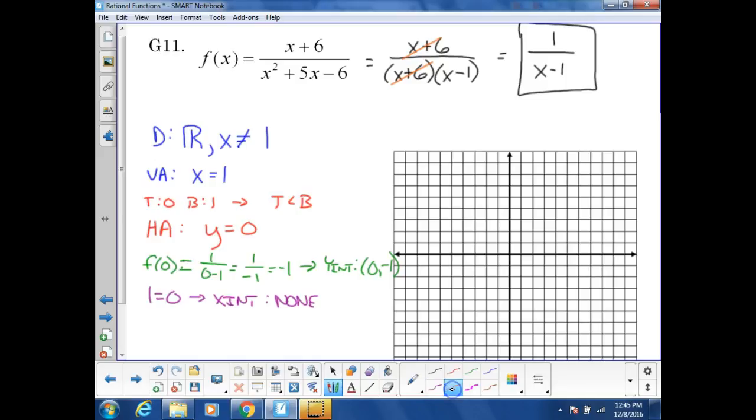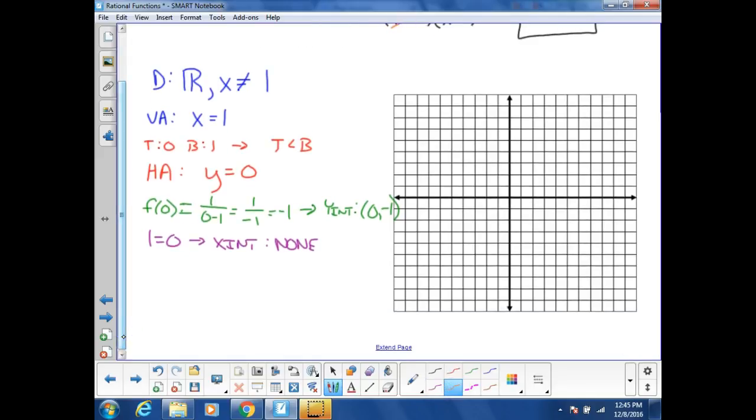x plus 6, set that equal to 0, so that gives me x equals negative 6. So I find f of negative 6, that's going to be 1 over negative 6 minus 1. That's going to be negative 1/7.